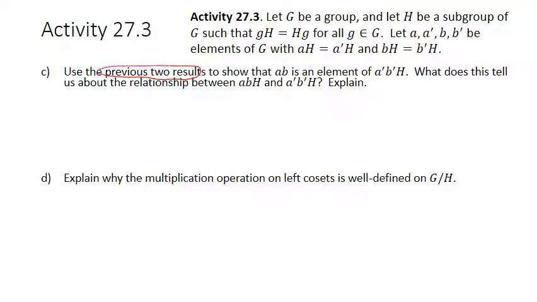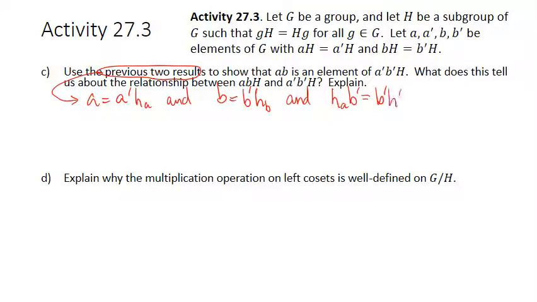A equals A prime HA and B equals B prime HB, and the other one was HA B prime equals B prime H prime for some HA, HB and H prime, which are elements of H.